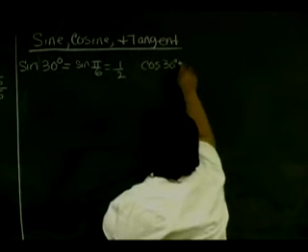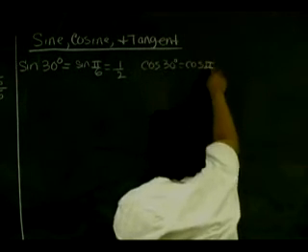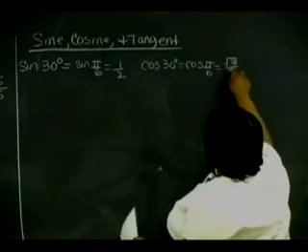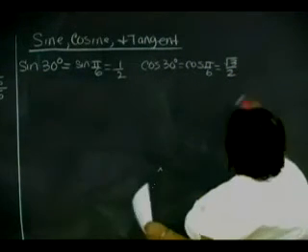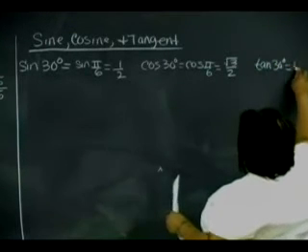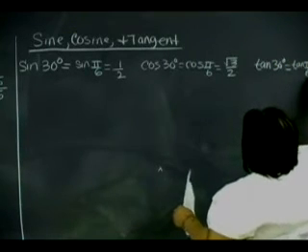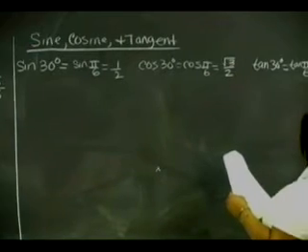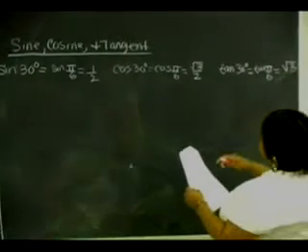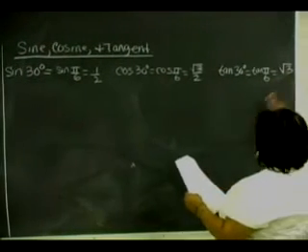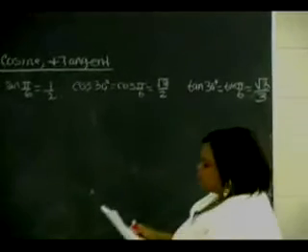Cosine 30 degrees, or cosine pi over 6, is defined to be the square root of 3 over 2. Tangent 30 degrees or tangent pi over 6 is defined to be the square root of 3 over 3.